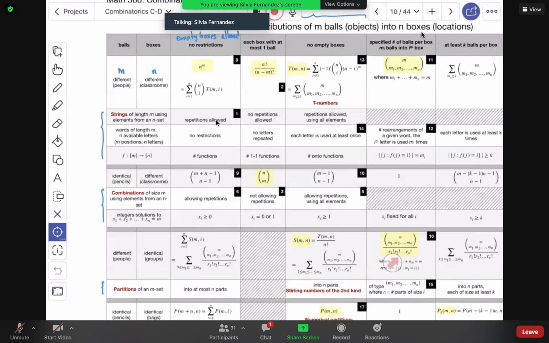I'll show you some examples, but that's what this column is. It's like the pieces that make up the full Stirling number or the full T number. And those can be used when you are given the exact number of balls per box that you need. So let me give you some examples. Remember, is this the multinomial or the multinomial divided by the multiplicities? Okay, so I'll give you some specific examples.